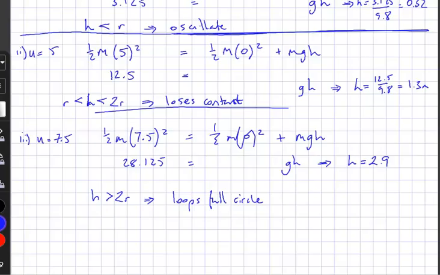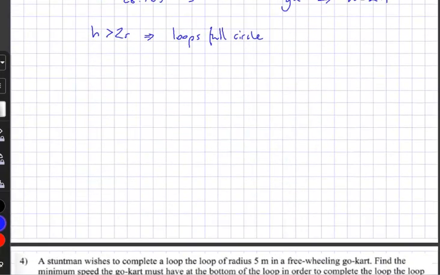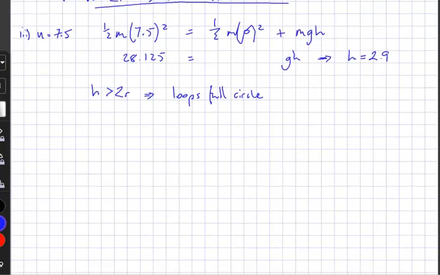So let's just talk about that briefly. What we could do instead is hypothesize. We could say, I think it's going to do the loop. Let's see what the velocity is as it's going through that top arch, and then see what the reaction is. So, a slightly different approach here.